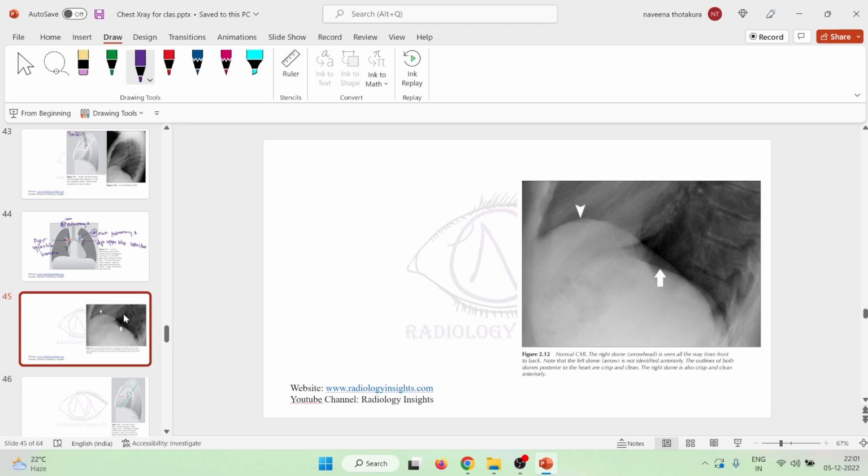Now again in the lateral chest X-ray, if you actually visualize the diaphragm, both the diaphragms, like the left and right dome of diaphragm, can be seen separate from each other. Two domes are easy to separate from each other.